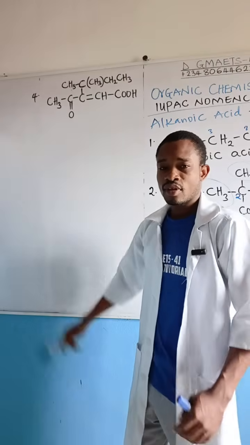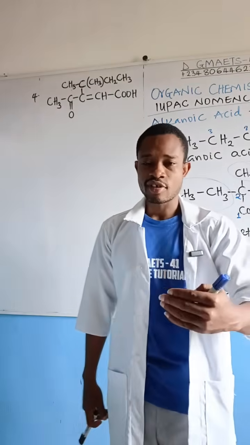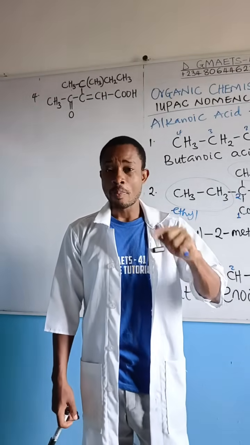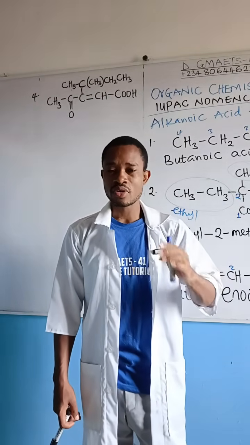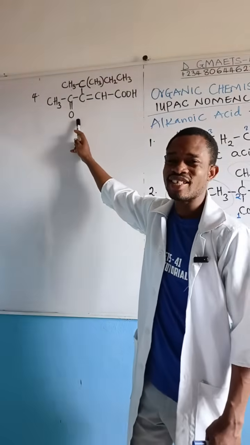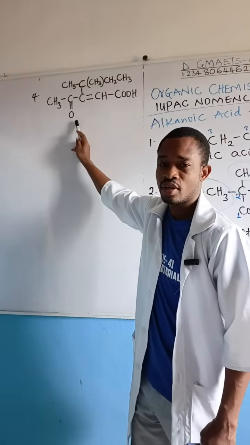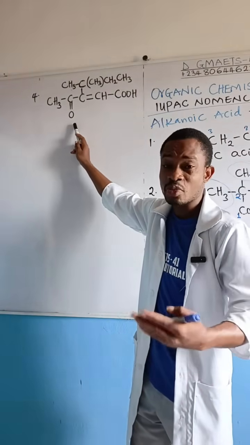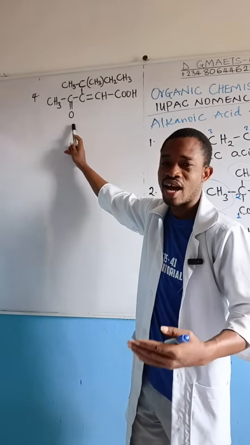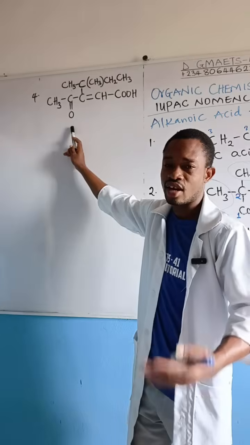In fact, try to take the video lesson on IUPAC nomenclature of alkanones. You will hear where I talked about that. Whenever you see this functional group, it is never terminal. Therefore, in some cases, you can respect it as a functional group. In other cases, you can consider it as a substituent, as an attachment.